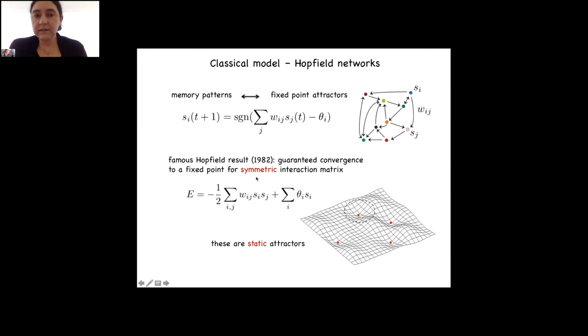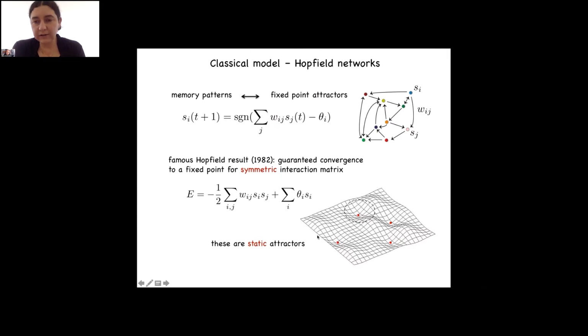There is a very famous result from the early 80s that is the reason the Hopfield model is called the Hopfield model, although of course many other people worked on it before and after. What Hopfield was able to do was write down an energy function, or a Lyapunov function, if you will, that decreases along trajectories. With this, he was able to show that no matter what initial conditions you have for this network, the activity is guaranteed to converge to a fixed point attractor. Now, two important points.